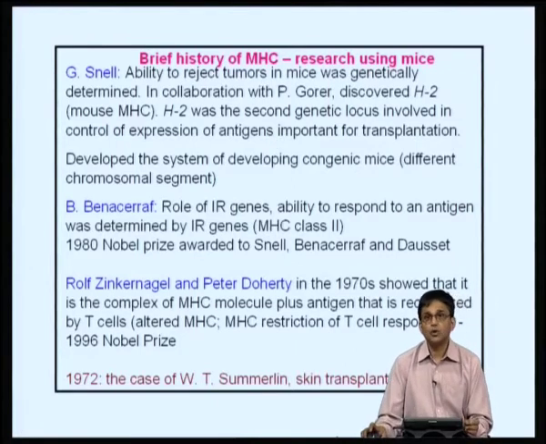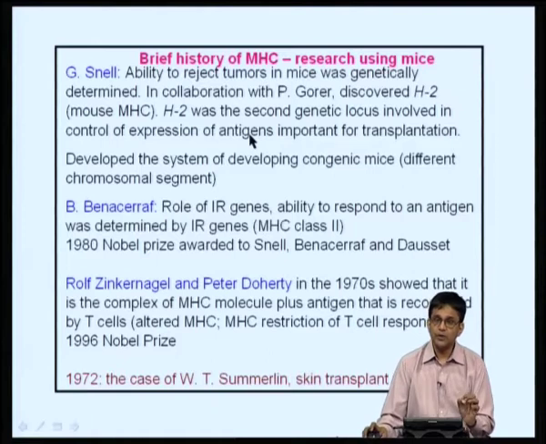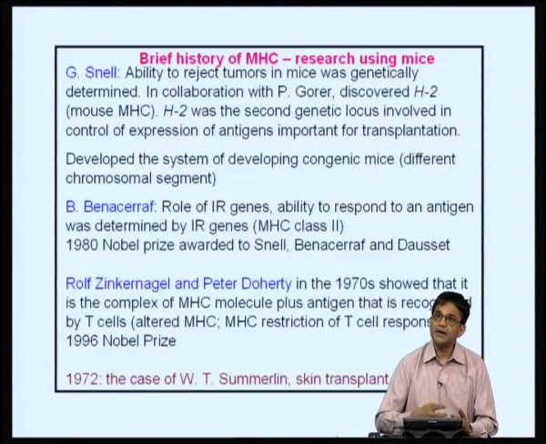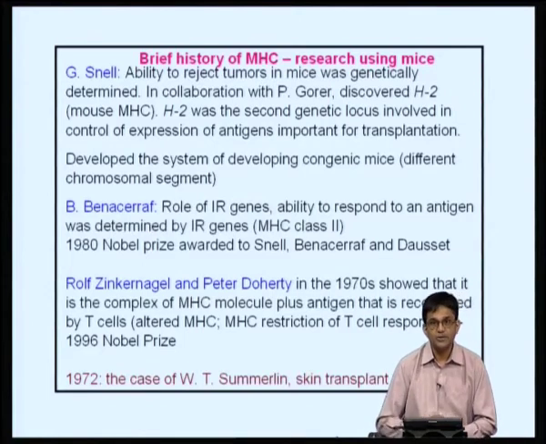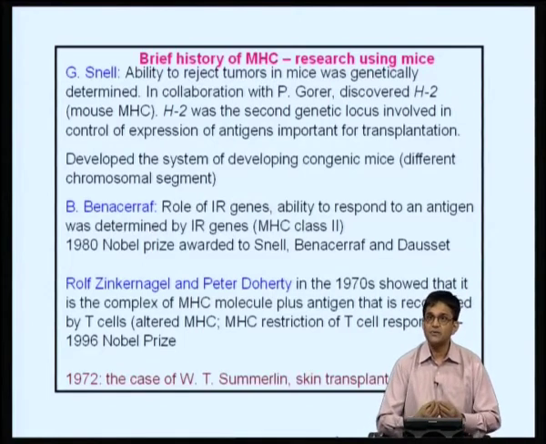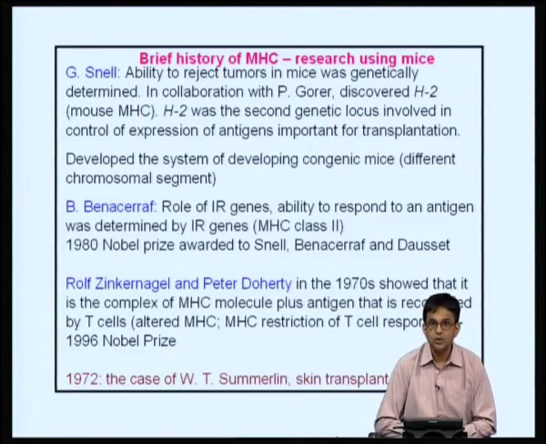And how did George Snell do it? The readout that he used was the ability to reject tumors in mice. Tumors that were self were accepted as self and not rejected, whereas once they were implanted in mice with a different MHC, they were promptly rejected. That was the basis of the assay by which H2 was discovered.